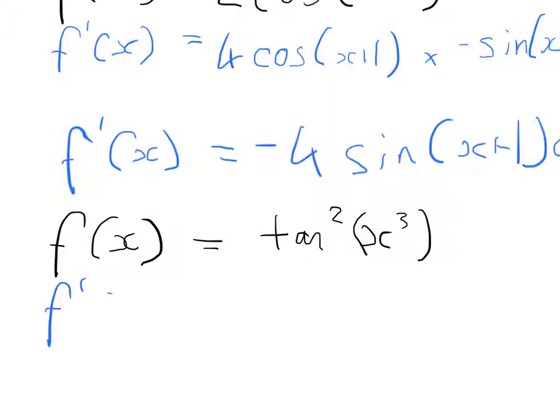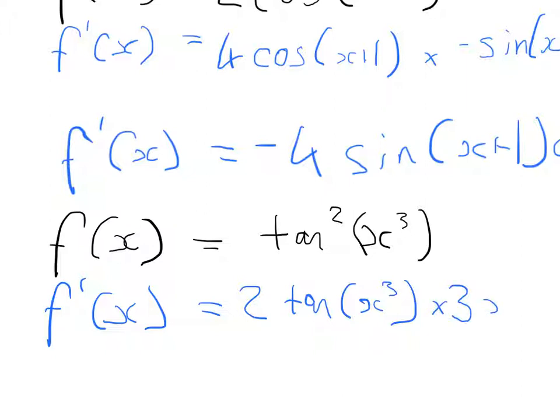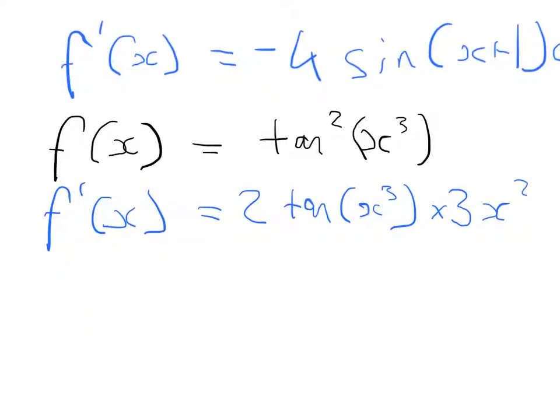So f dash of x equals 2 tan x cubed. And then we differentiate what's inside, so that's times 3x squared.